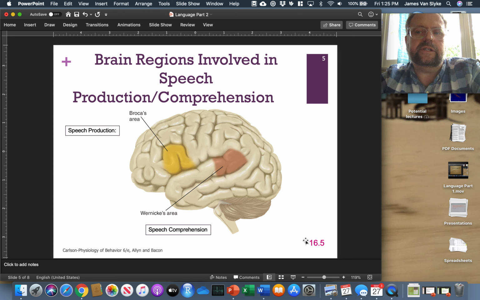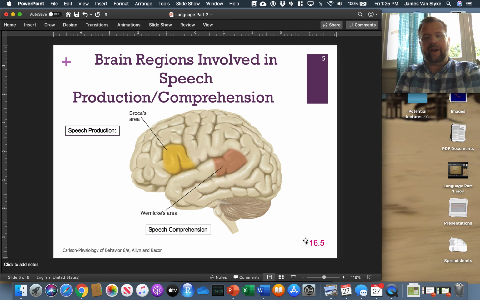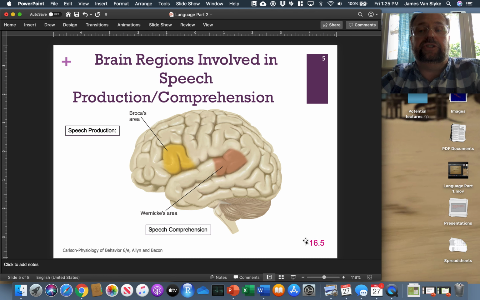If you'll notice, it's actually in the frontal lobe, and we know that the frontal lobe is involved in things like goals and planning. What's happening with Broca's area is it's taking what it is that you know and then actually saying those kinds of things. Whereas Wernicke's area is involved in speech comprehension.